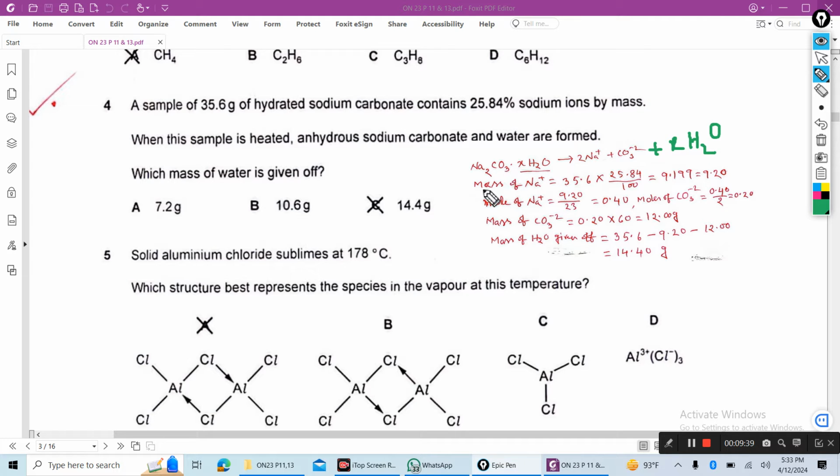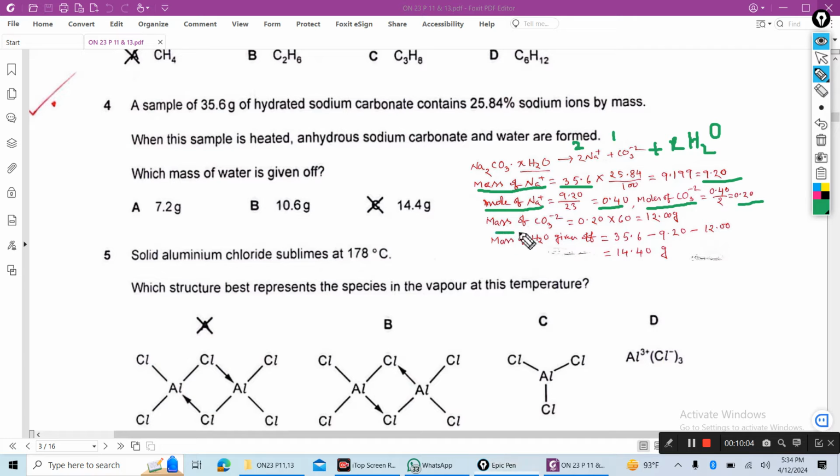So first, the mass of sodium ion is 25.84% of 35.6, 9.2 gram. Moles of sodium ion, mass divided by molar mass, you get 0.4. Moles of carbonate ion: this is 2 moles, this is 1 mole, half of this, so 0.20.